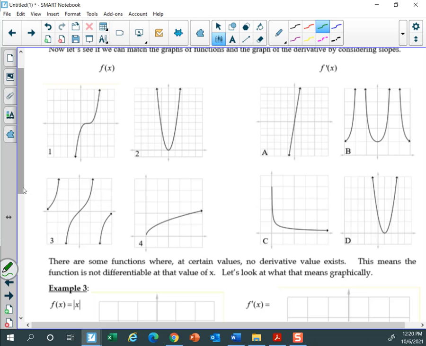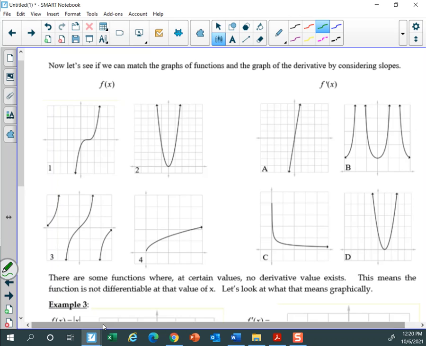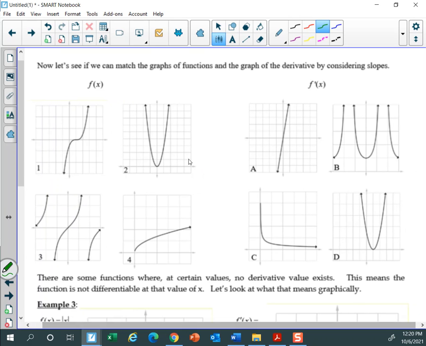So let's do that sort of matching right now and talk through how 1, 2, 3, 4 match up with A, B, C, D. Probably the easiest one to start with is the one that looks like the one we just did. Graph number 2 is an x squared graph.